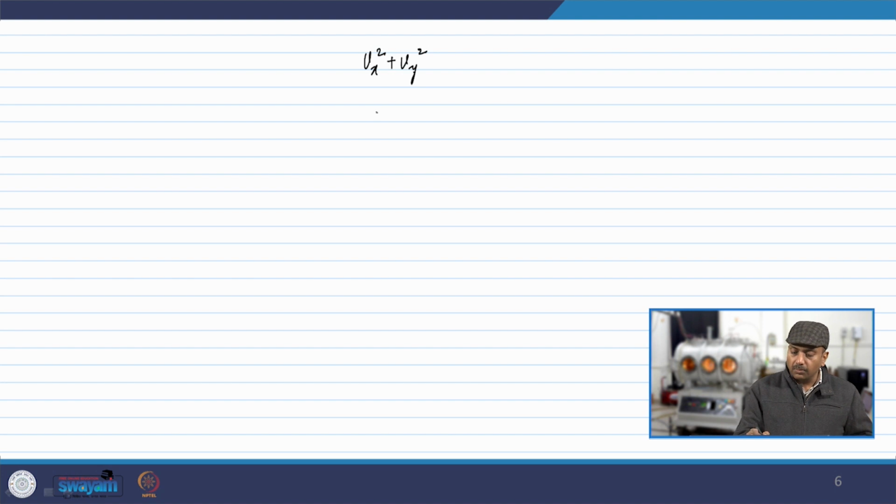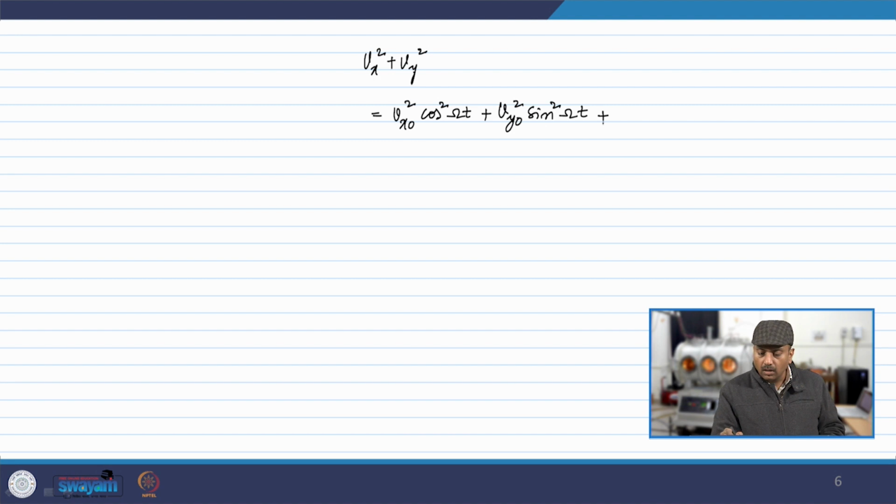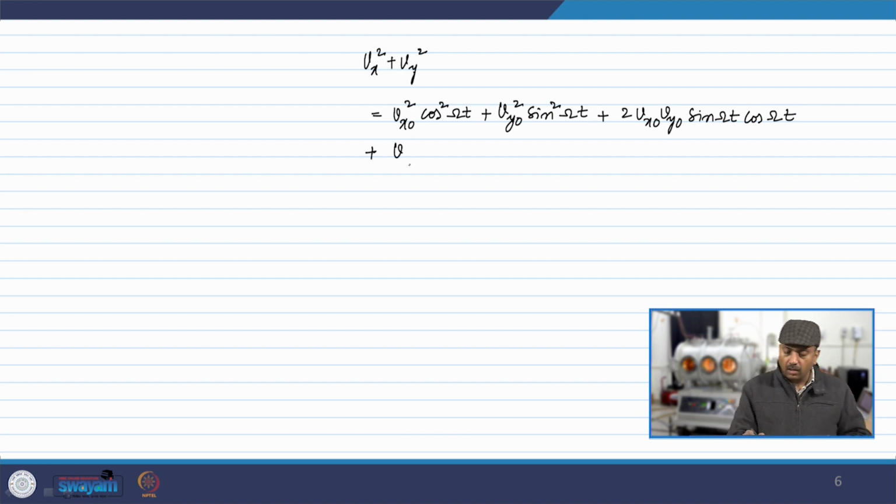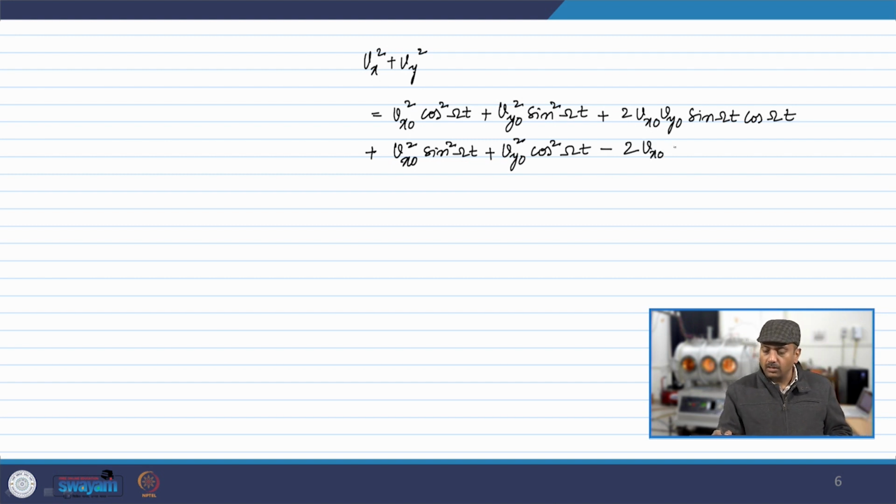Using the earlier relation, we can simply write it as Vx0 square cos square omega t plus Vy0 square sin square omega t plus 2 Vx0 Vy0 sin omega t cos omega t, plus Vx0 square sin square omega t plus Vy0 square cos square omega t minus 2 Vx0 Vy0 sin omega t cos omega t.